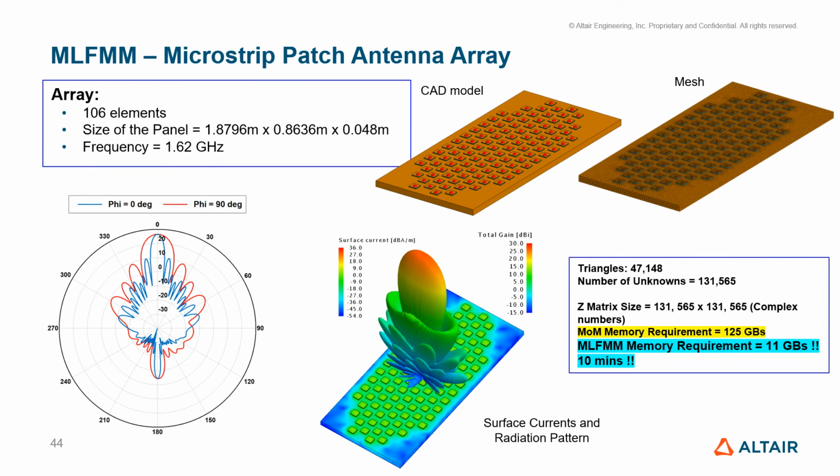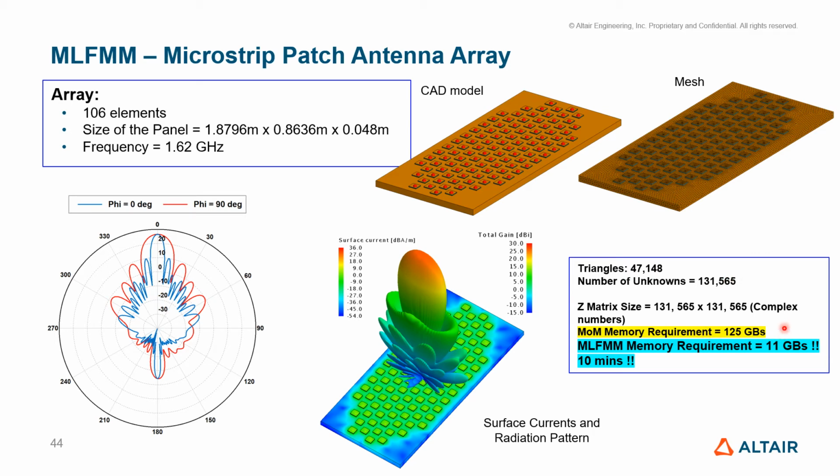Now let's take a look at the example of the microstrip patch array that we left off with in method of moments, with 106 elements on the electrically large panel at 1.62 gigahertz. It's the same array, same size, same mesh, with 47,148 unknown triangles and 131,565 unknowns, with the same matrix size, where method of moments required 125 gigabytes of memory.